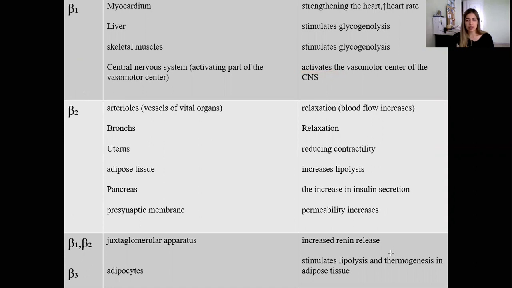Okay, next. In the arterioles, vessels of vital organs, we have the beta 2 receptors. Beta 2 receptors, unlike alpha 1 and beta 1 receptors, are relaxing receptors. You can write it down that beta 2 is always for relaxing.